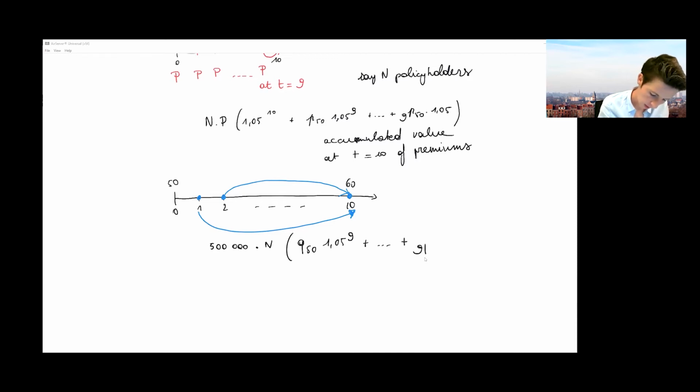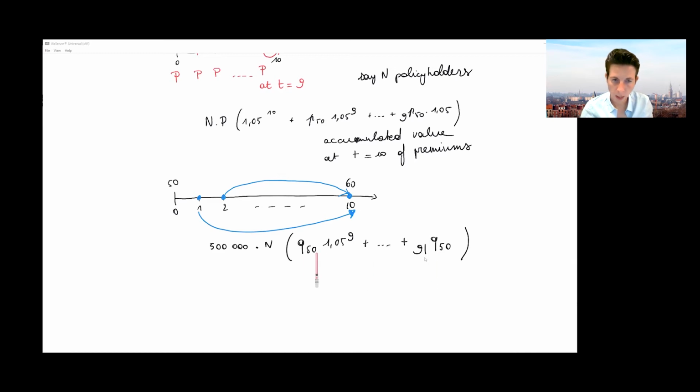And finally, I will retrieve this probability, right? So what is here the last term in this expression? This is the probability that you will survive until age 59 and will die before reaching age 60.